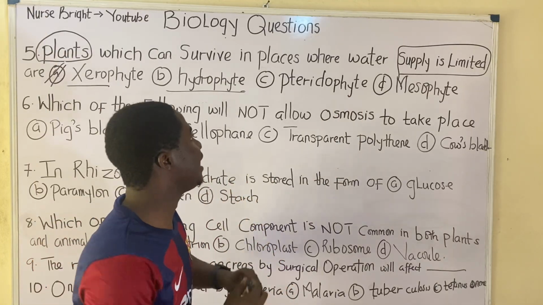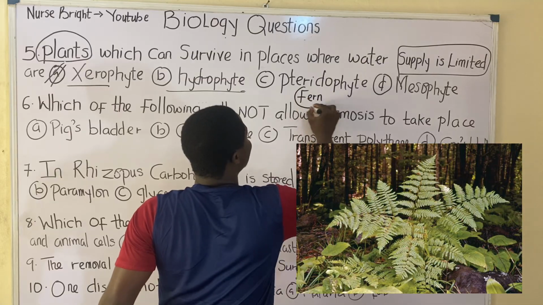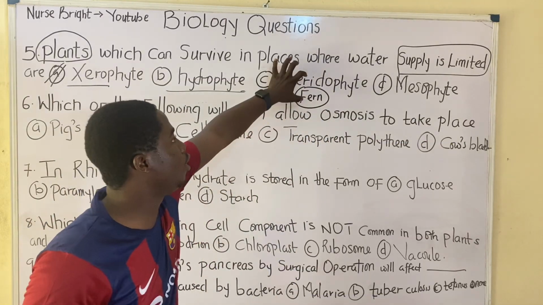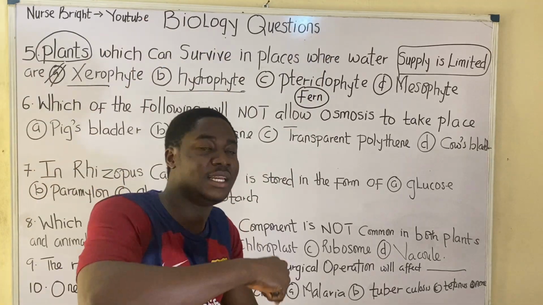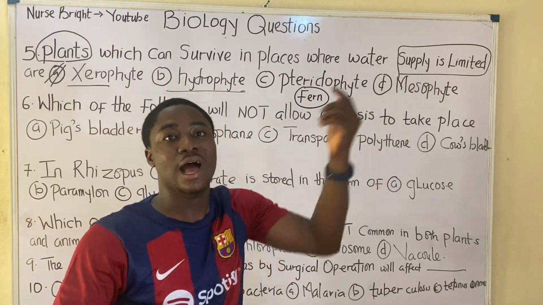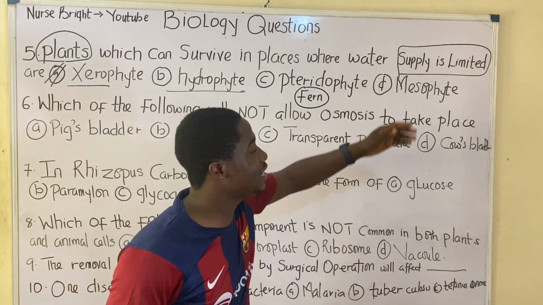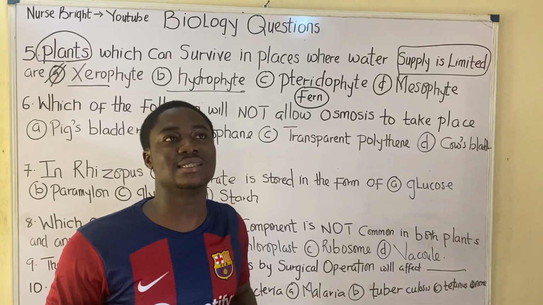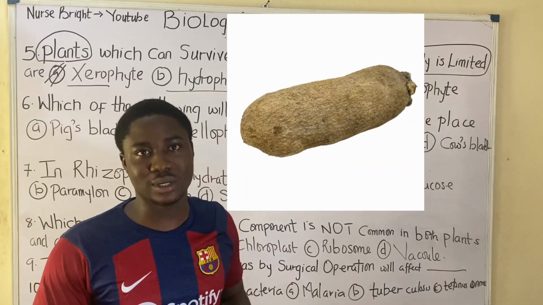A good example of organisms here is fern. Fern is a pteridophyte. It belongs to the division called Pteridophyta. Organisms belonging there are called pteridophytes, like Thallophyta. Organisms belonging there are called thallophytes. Mesophytes are a group of plants that live where water supply is moderate. Like maize is a good example here.